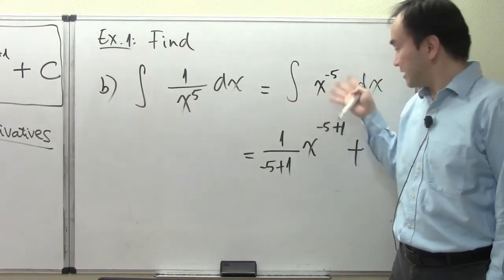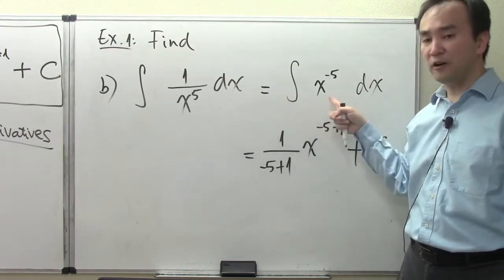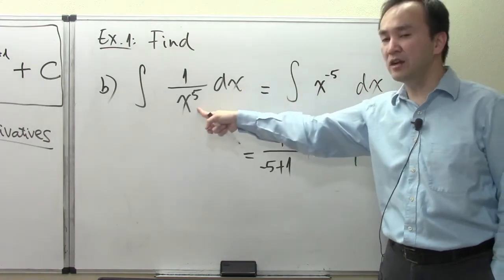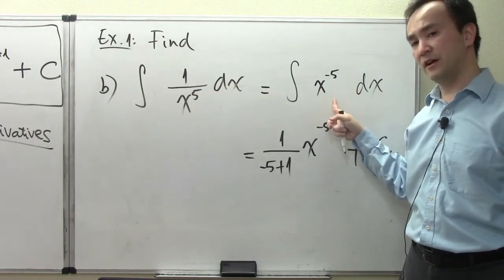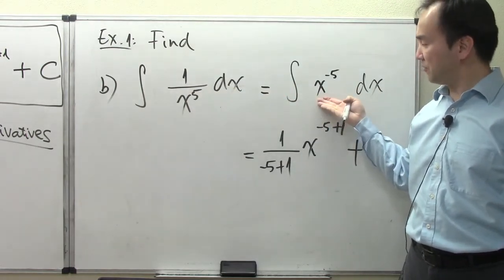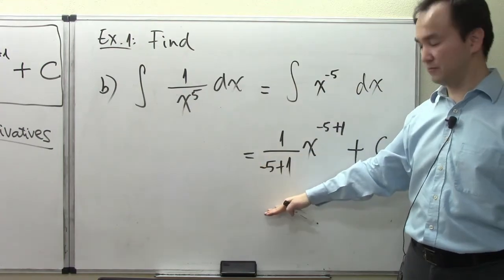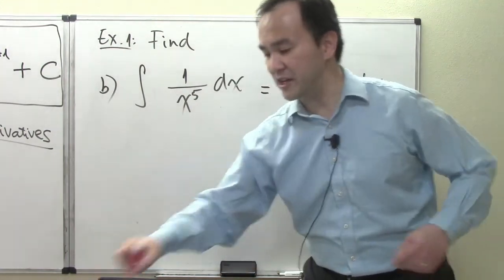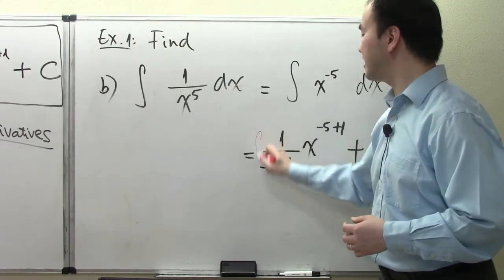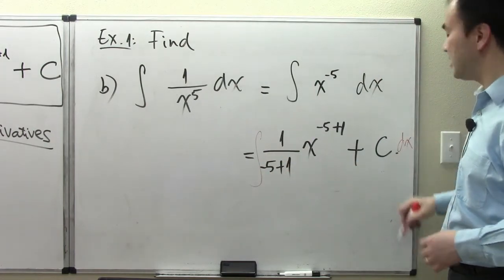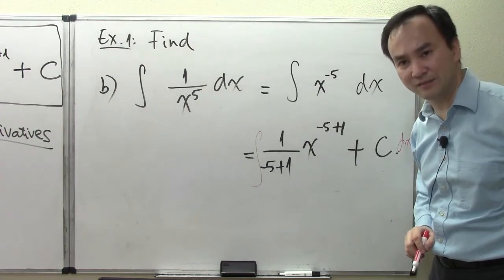Obviously it was like that because when I came to this point, I did not find the antiderivative. I only re-expressed my function. But from that step down to this step, over my years of teaching experience, I keep seeing students mistakenly put that together with the answer.